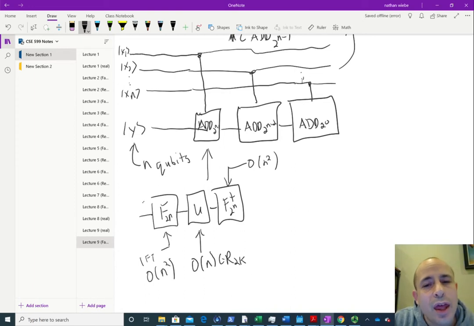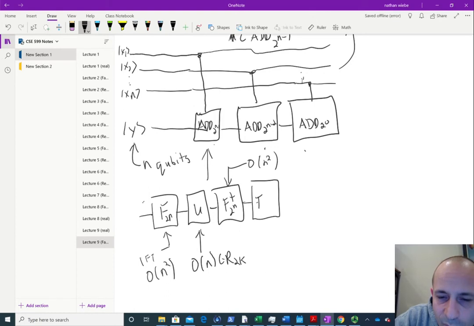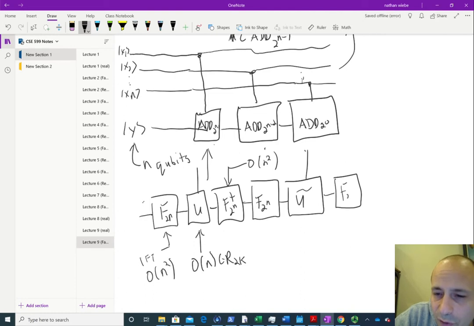Now, if we take a look at how many of these operations we have, we've got n different steps in here. The thing is that these different steps are going to end up creating operators that look like the following. Some sort of control going up here, and F 2 to the n dagger over there, F 2 to the n.